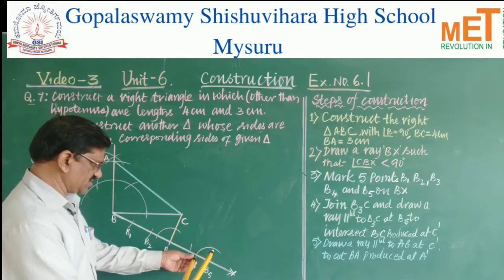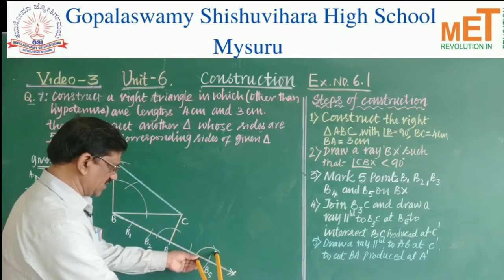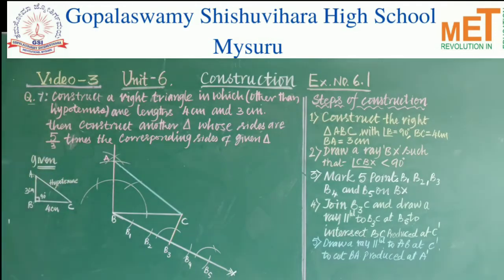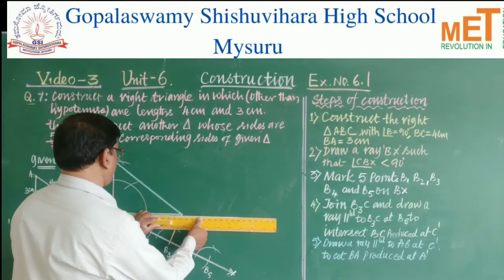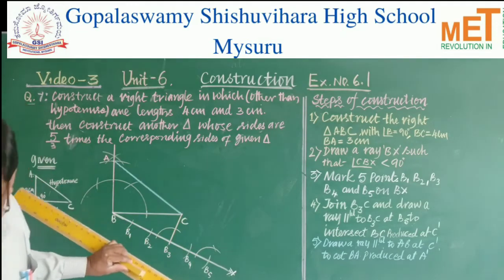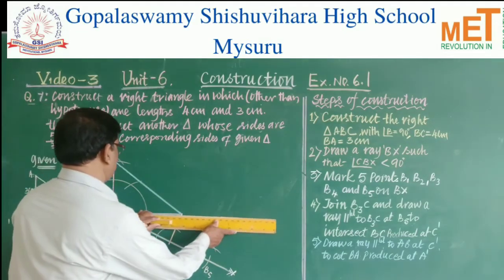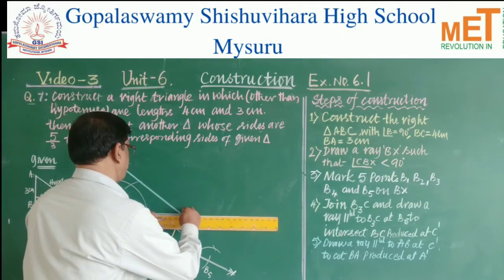So this is the distance between the lines on the arc. Okay? Before that, you produce this BC to some extent. I am going to produce this BC for some extent.